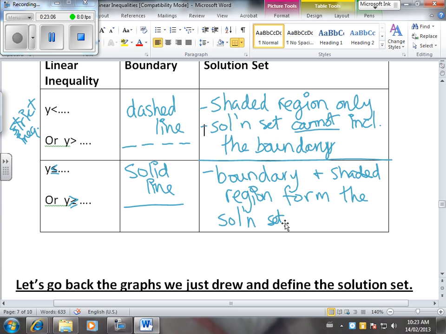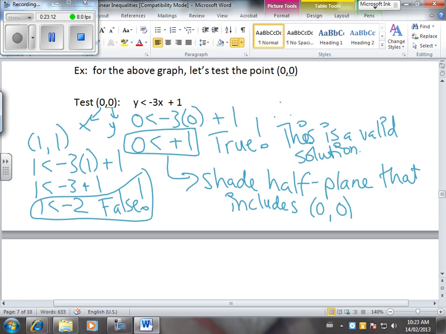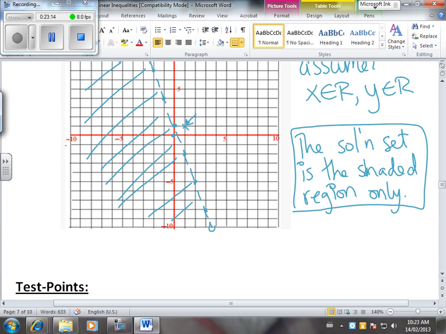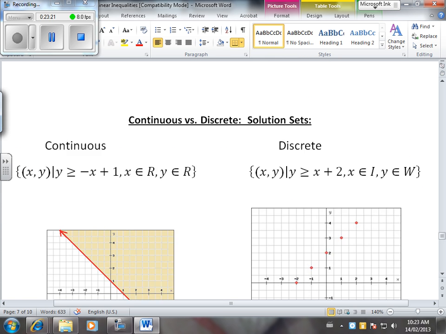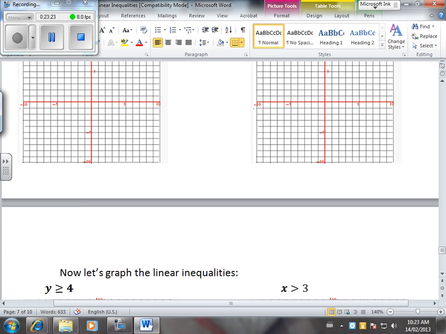Okay, and we went back and we had defined the solution set as we went along, but you can go back and test to see if it's true. Okay, so the shaded region only because we have a dashed line.